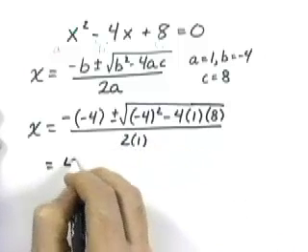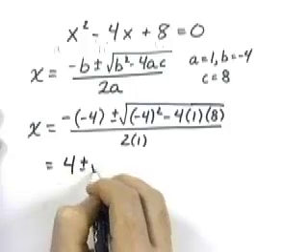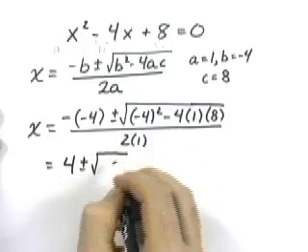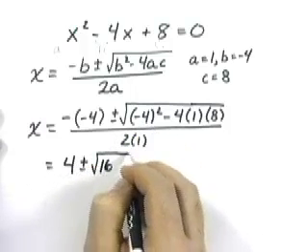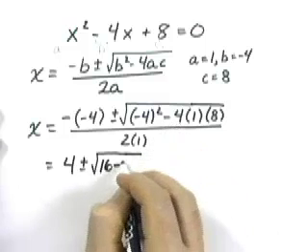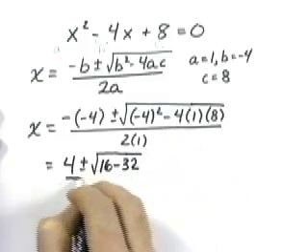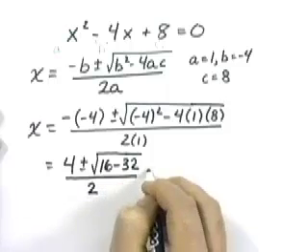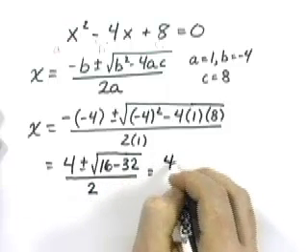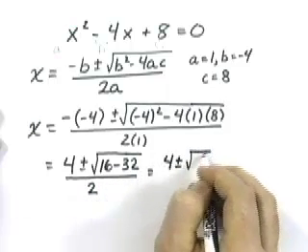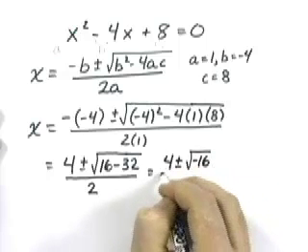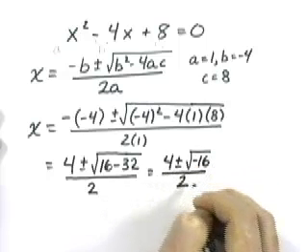Negative of a negative 4 is 4, plus or minus the square root of negative 4 squared, which is 16, minus 32, all over 2. That gives me 4 plus or minus the square root of negative 16, over 2.